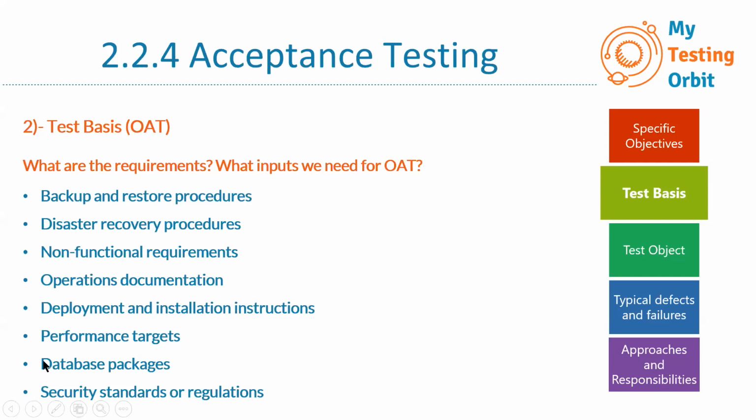So that will fall under database packages. Then security standards or regulations. If we are performing any kind of security testing, then there needs to be a standard which we are adhering to, which we are comparing against. So all these bases will be exclusive to OAT.